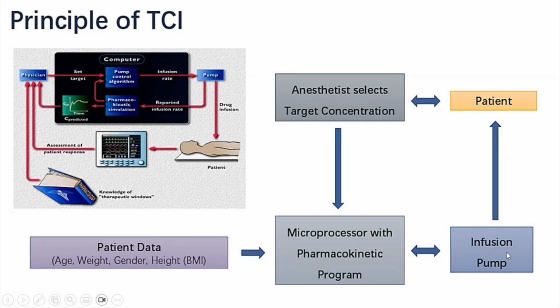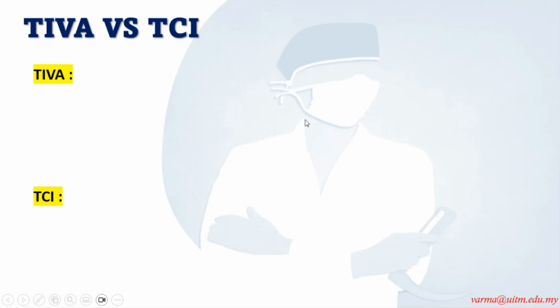Then the infusion pump gives the drug into the patient, and the patient's plasma concentration, everything will be recorded again in the machine, and the anesthetist adjusts the dose based on the patient's vitals and also the patient's clinical parameters. So what is TIVA and TCI?